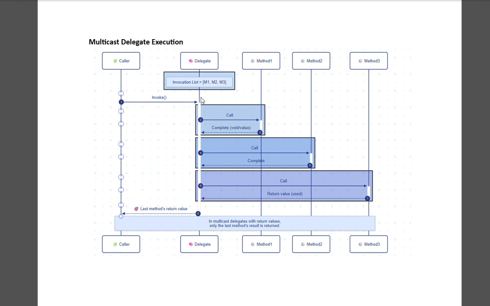As we know earlier, the invocation list calls the methods sequentially. So it will pick the first method 1 and complete it. Then it goes for method 2 and completes it. And finally, it calls method 3 and returns a value if any. The last method's return value will be returned to the caller. Yeah, this is very simple.